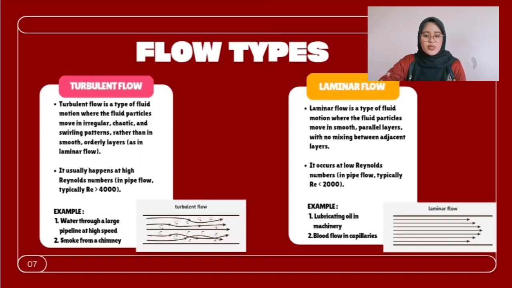Oil film between moving surfaces usually experiences laminar flow, which reduces wear and friction. Next, we have blood flow in capillaries. In very small blood vessels, blood moves in a laminar fashion due to low velocity and small diameter.